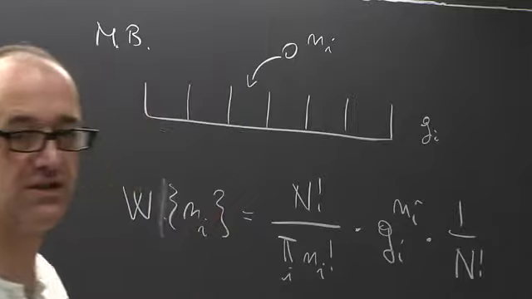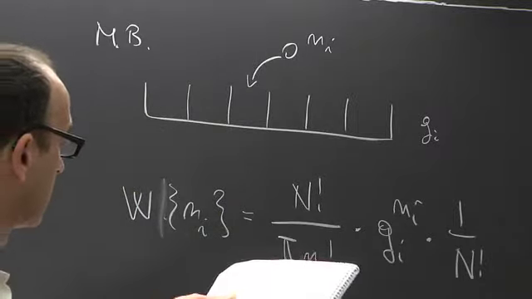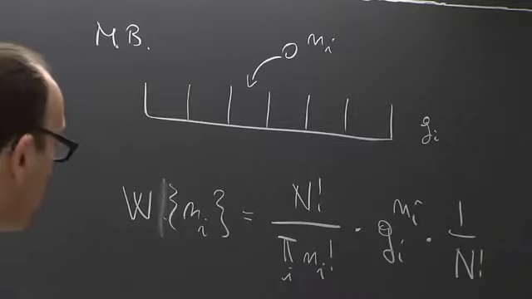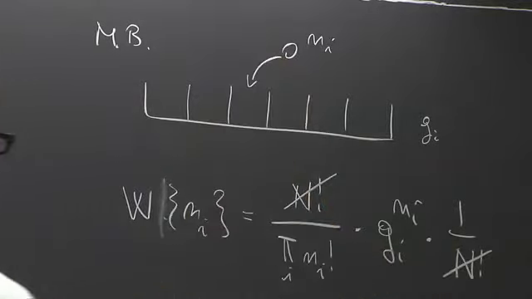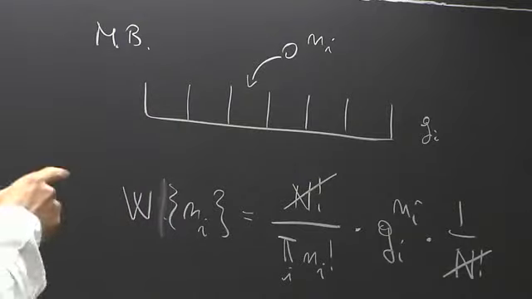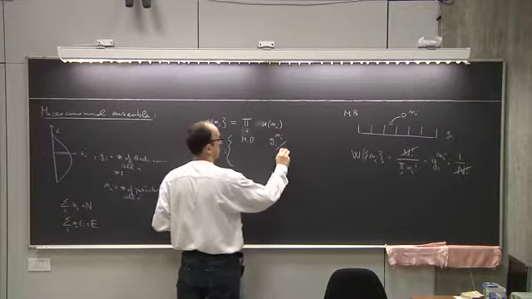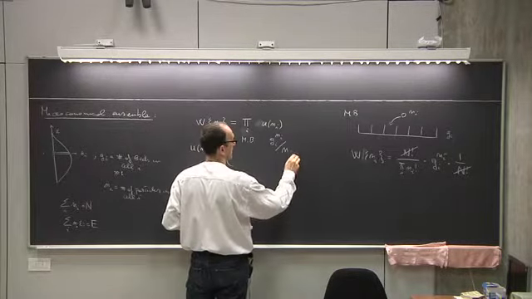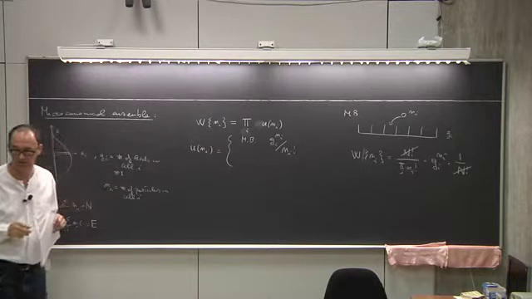Okay? So this is the way in which you compute the statistical weight for the Maxwell-Boltzmann distribution. So you see that because of this, this number here will be equal to gi to the ni divided by ni factorial.